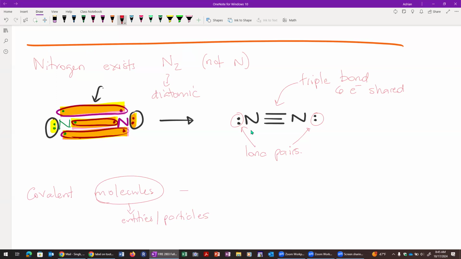So covalent molecules are formed from covalent bonding. We refer to the N2 here, for example, as a diatomic molecule, and it exists because of the covalent bonds, the triple bond in this case between N and the other N.